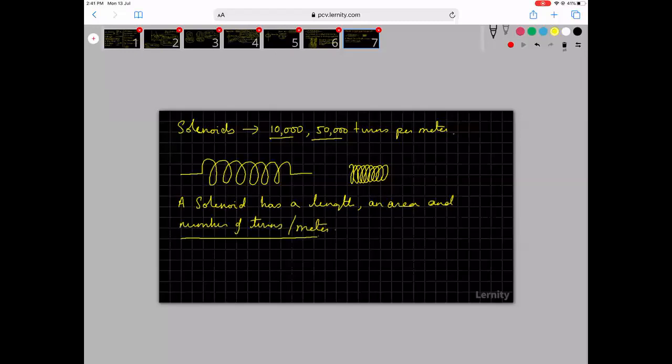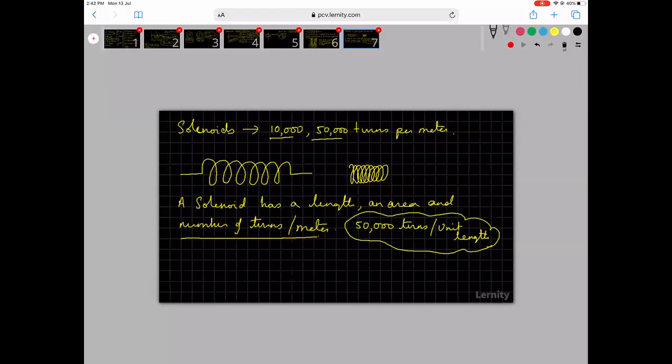So when you go to the market, you tell that I need a solenoid which has 50,000 turns per unit length, and you get this. So this is how it works out. Okay, so this is turns per unit length.